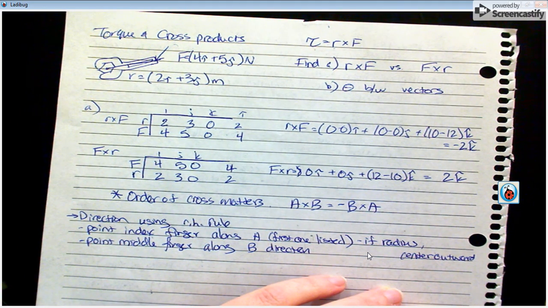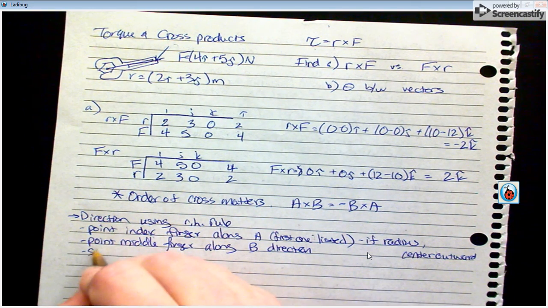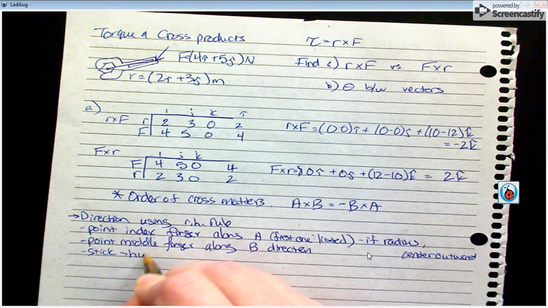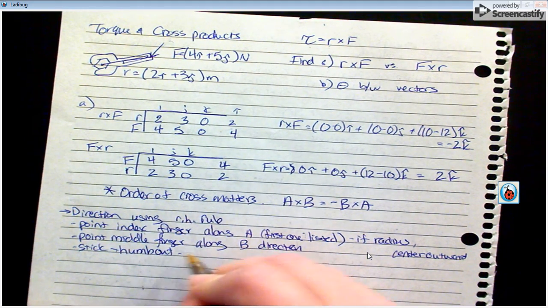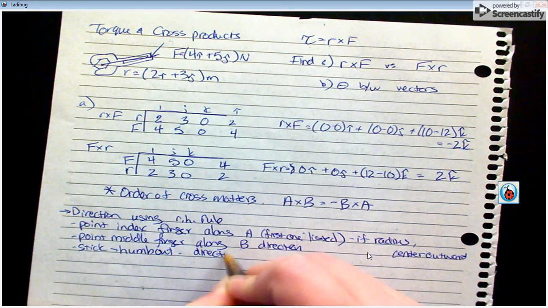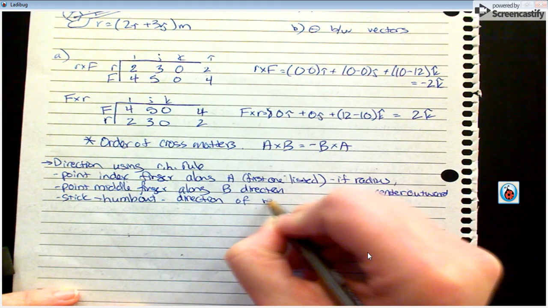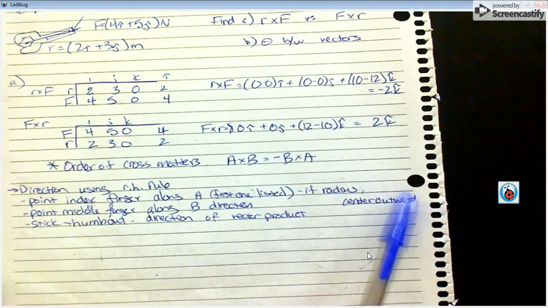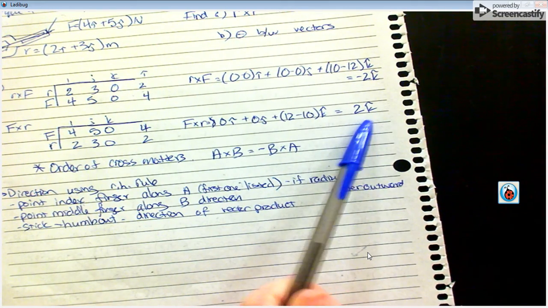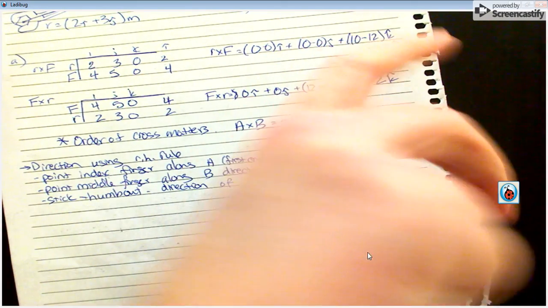All right, let me see where I went. So then we stick them out. When you stick your thumb out, that is the direction of your vector product. So we knew this product was in the K-hat direction, but we couldn't tell if it was out of the page or into the page.